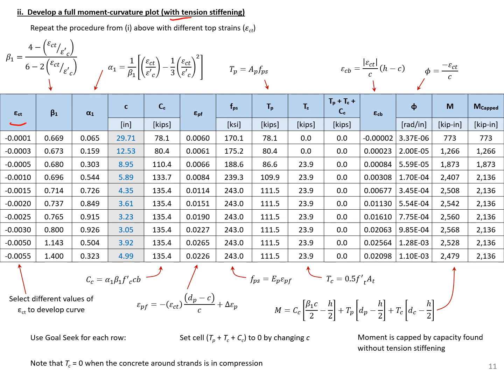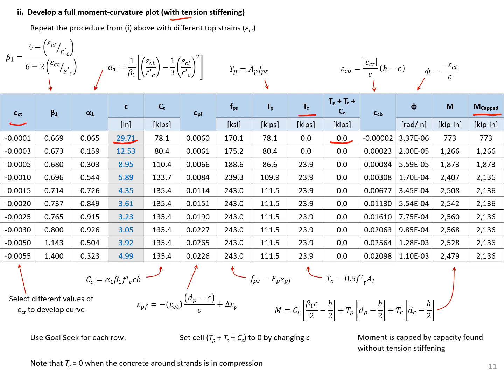For each row, we're going to use goal seek to make sure that our total axial load is equal to 0 by changing C. You can see we have two additional columns in this table. One is our tension stiffening component for our concrete, and the last one is a capped moment capacity.